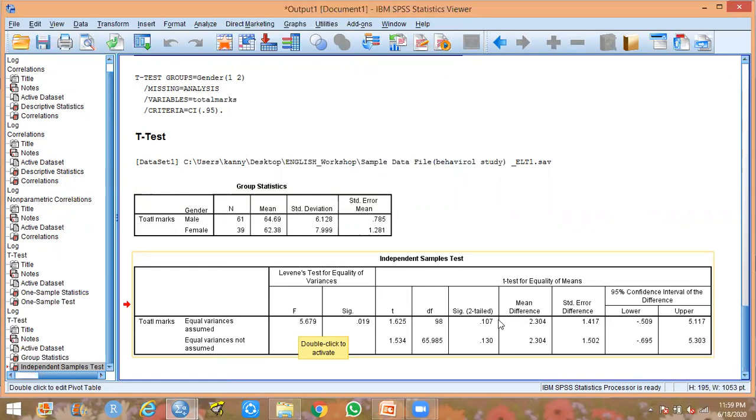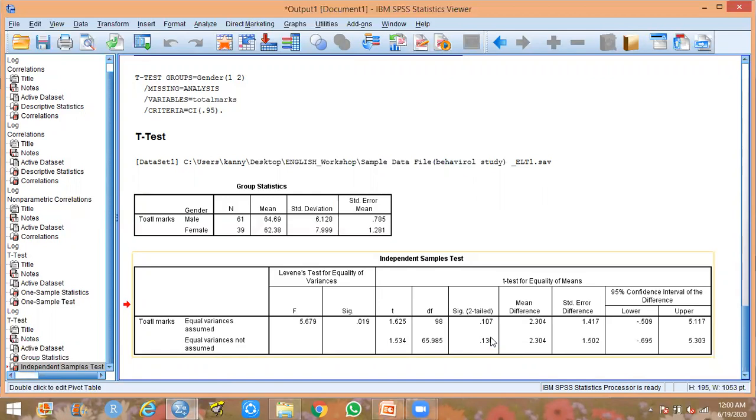Now you can have a look. The significance value is 0.1 in both cases, 0.1 and 0.13. Both for variances and for means, it should be greater than 0.05, for the equality of variances and for the difference of means.